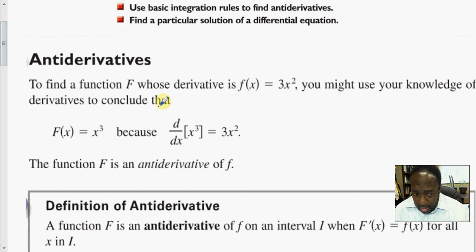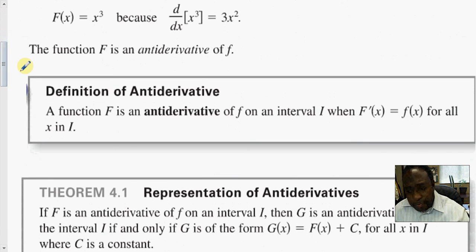We'll say that capital F is the antiderivative, x to the third, because the derivative of capital F of x is equal to 3x squared. So you compare x to the third with 3x squared, and they are the inverses of each other in terms of the antiderivative versus the derivative.